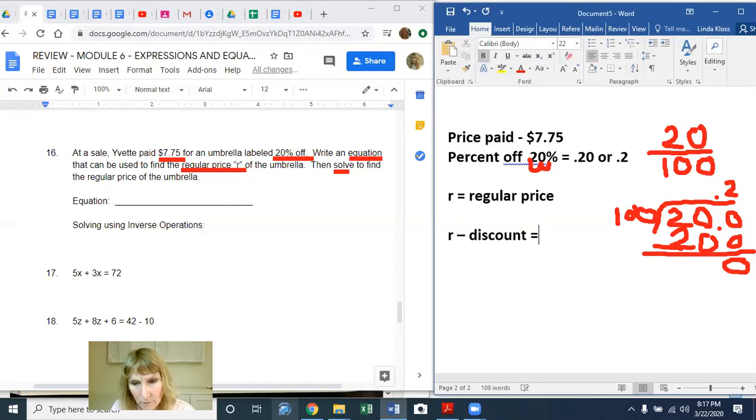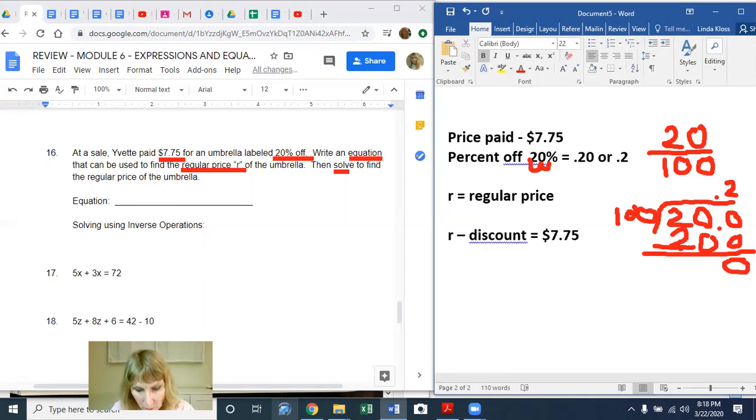And that will give us the price that she paid, $7.75. So we're doing good. We just have to figure out how to find this discount. What can we do to find the discount? Well, what do you do when you want to find 20% of a number?